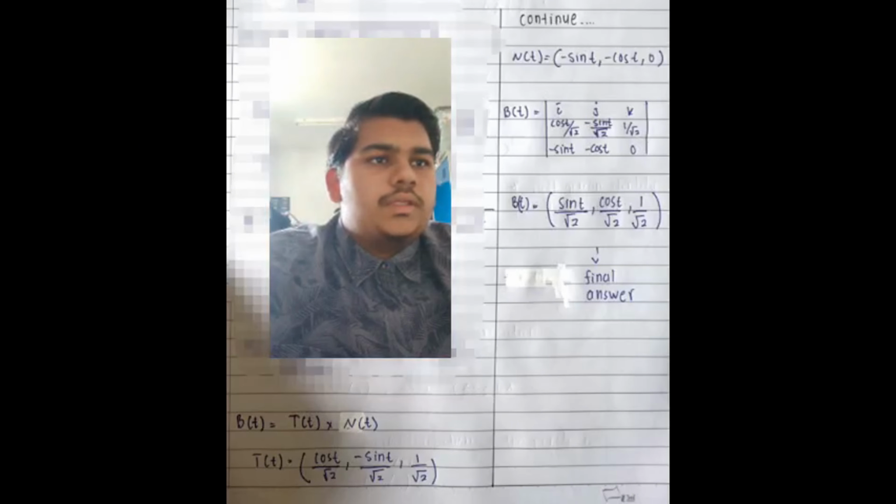Step 5 is to compute the binormal vector B(t). B(t) equals T(t) times N(t). We have T(t) and N(t), so we need to compute the cross product.